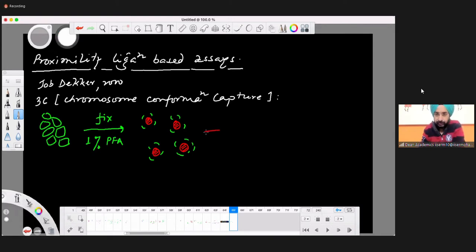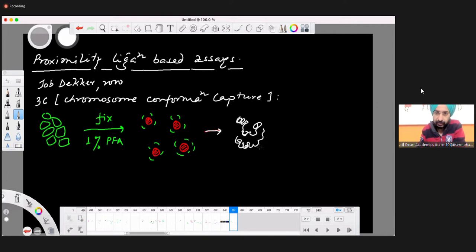Let us say you have isolated the chromatin after homogenizing, using the chromatin extraction buffer, which will be enriched with magnesium salt and all that. You have isolated your chromatin, which will not be completely intact, but good enough to work upon.